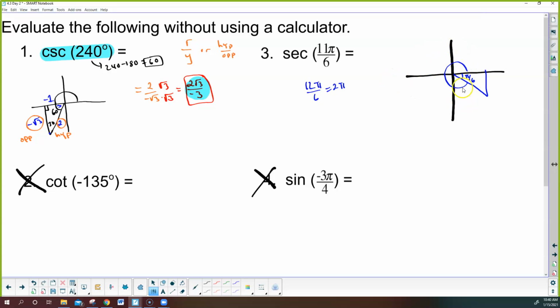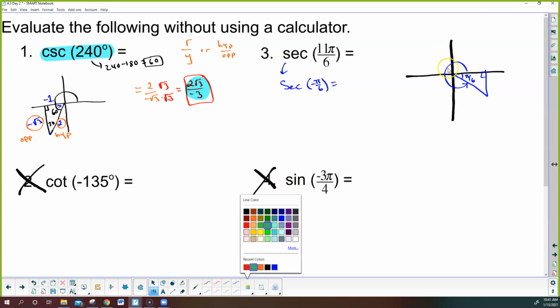So the blue angle, 11 pi over 6, gets me all the way to here. Here's my terminal side. But then my reference angle is the same as actually doing pi over 6. Now, what do we mean by that? Well, pi over 6 is the same as 30 degrees.